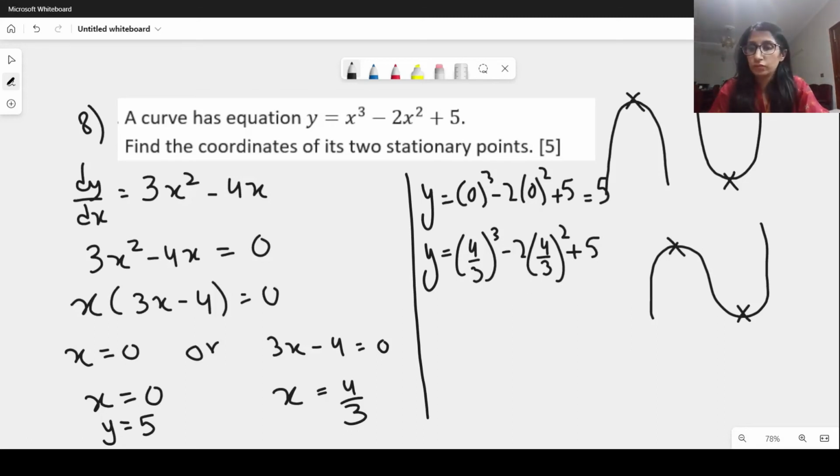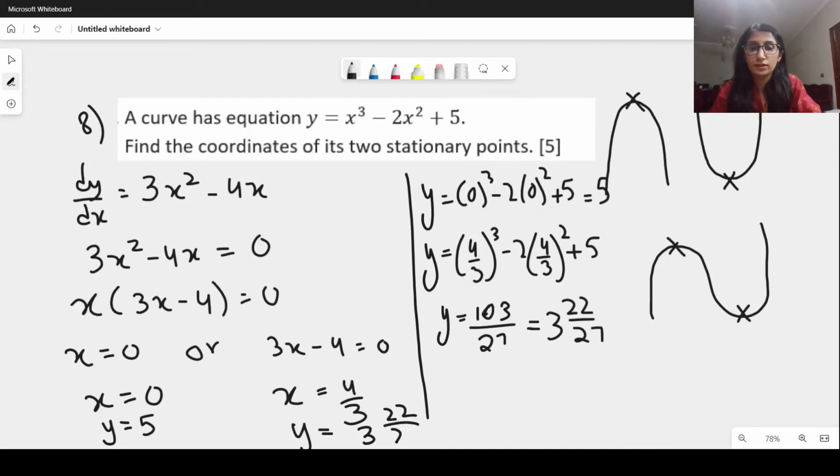That gives 103 upon 27, or in the mixed form, if I press Shift S-D, it gives me the mixed form, which is 3 whole 22 over 27. Either form is accepted by the marking scheme, by the way. So the y is 3 whole 22 over 27.